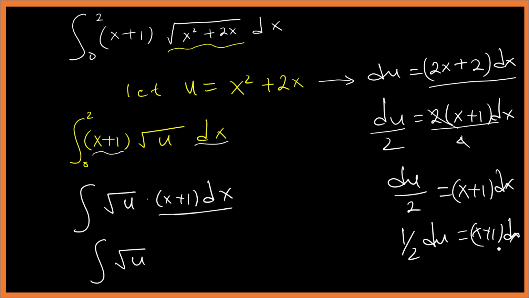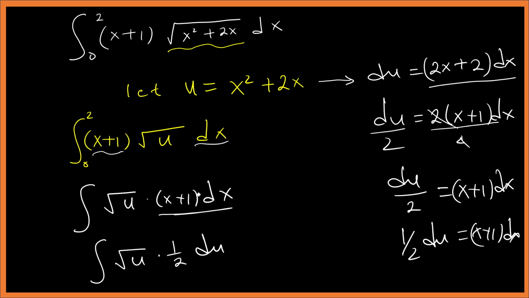All right, so in going back, this side will be square root of u times, so you have x plus 1 dx as half du. Now the limits here are on hold because we have changed the variable, so we need to also change the limits.